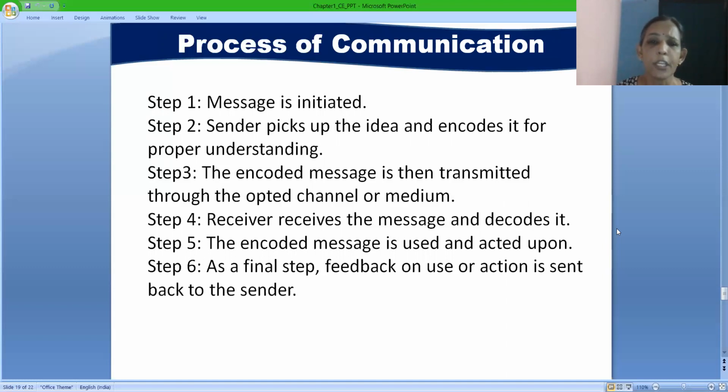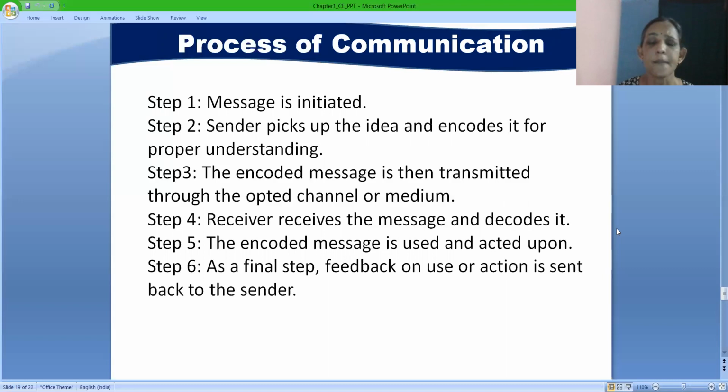This process of communication is divided into 6 steps. Unless you apply these 6 steps in a proper way, your process of communication will remain incomplete, and there may be a chance of miscommunication or a gap in your communication. So I want you all to focus on these 6 steps in your day-to-day life.